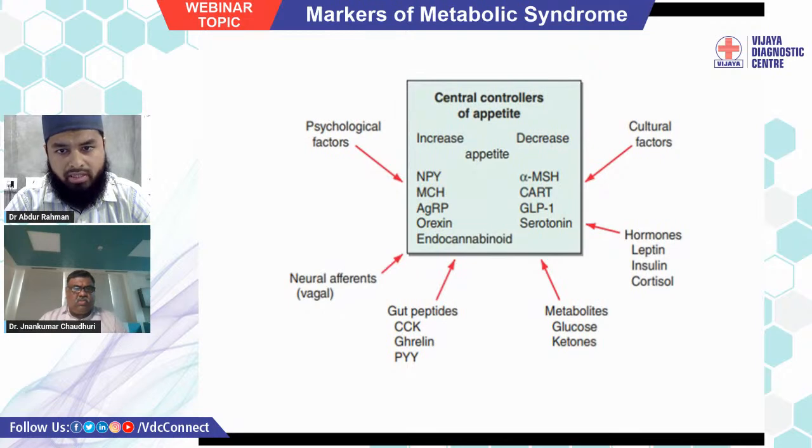For example, let's talk about a research study done in pediatric patients regarding alpha melanocyte stimulating hormone and AGRP, agouti-related peptide. It was found that alpha melanocyte stimulating hormone is the one which suppresses appetite. Pediatric patients who were obese had less alpha MSH and a high amount of AGRP.